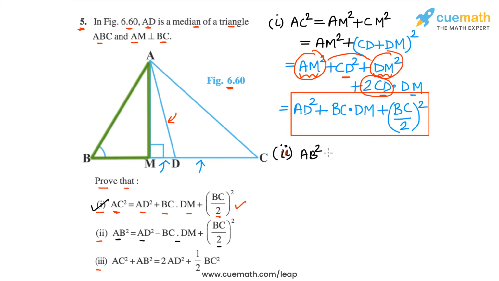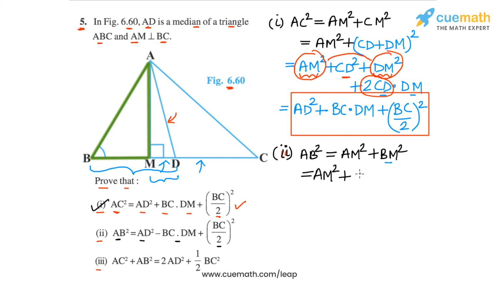So AB square will be equal to AM square plus BM square. Correct? And now let's write this as AM square plus, instead of BM, we observe that BM can be thought of as BD, this length, minus MD, this length. So if you subtract MD from BD, you will get BM.